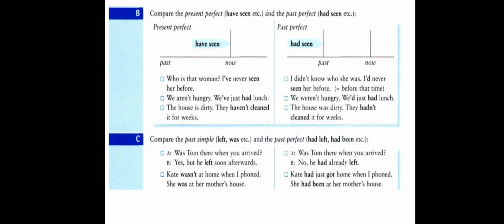So try to look at didn't know. Put didn't know in your mind and focus on didn't know. Didn't know indicates the end point is in the past, and the action extended from a past point to an end point in the past, then it is a past perfect.